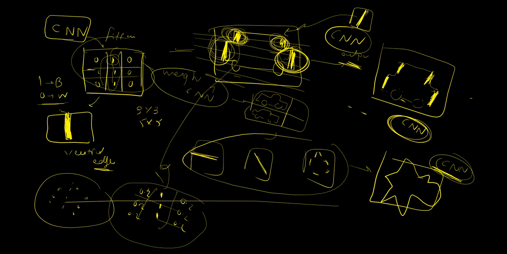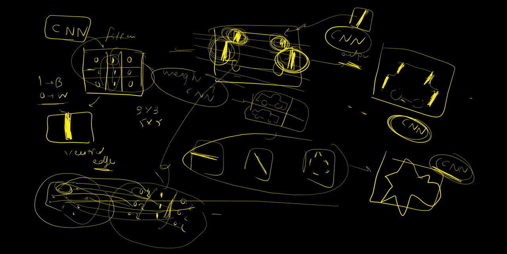Now, how will it know that this is important? It will do an element-wise multiplication: 0 with 0.2, 1 with 1, 0 with 0.2, again this. Each element is multiplied with its corresponding element, and then we do a summation, and whatever value we get. Now you know that there are 0, 0, 0, 0. So all this will give 0, this will give 1, and the final value will be 3.